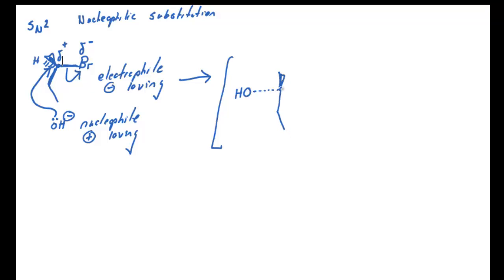It's also attached to this methyl group, and then going back is the hydrogen, and then on the other side is the leaving group. So these dash lines are meant to represent that the bond is being formed and the bond is being broken. The oxygen no longer bears a full negative charge, so we say delta negative. The bromine is starting to pick up a charge, so we say delta negative.